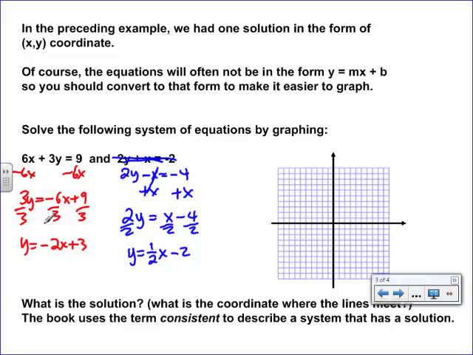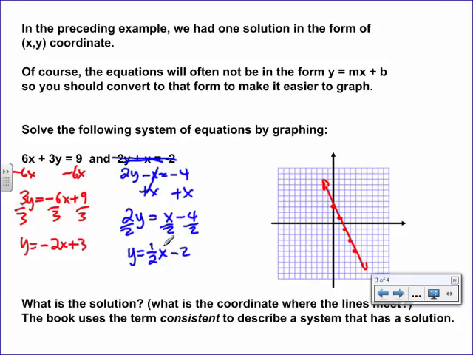Now we'll graph both of these. We'll start with this one. This has a y-intercept of 3. And a slope of -2, which means down 2 over 1. And just draw a line connecting those points. And graphing this one, y equals 1/2 x minus 2.